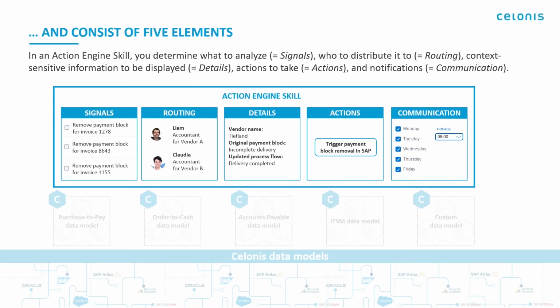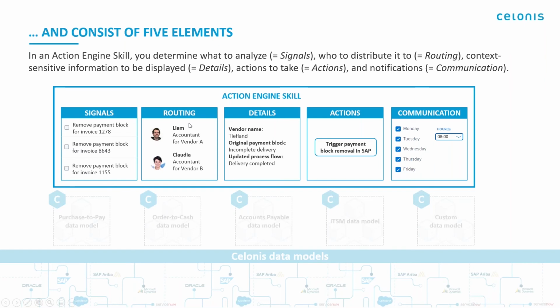So if you have a skill that says remove payment block to realize cash discount, then each outcome of the skill, each incident, is what we call a signal. So in the live demo, we have basically seen 4 signals for this particular skill. Remove payment block for invoice 1, for invoice 2, for invoice 3 and 4.